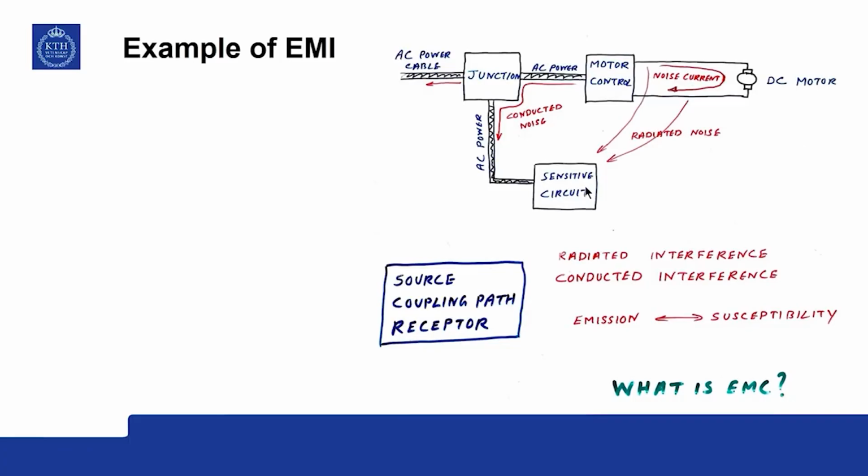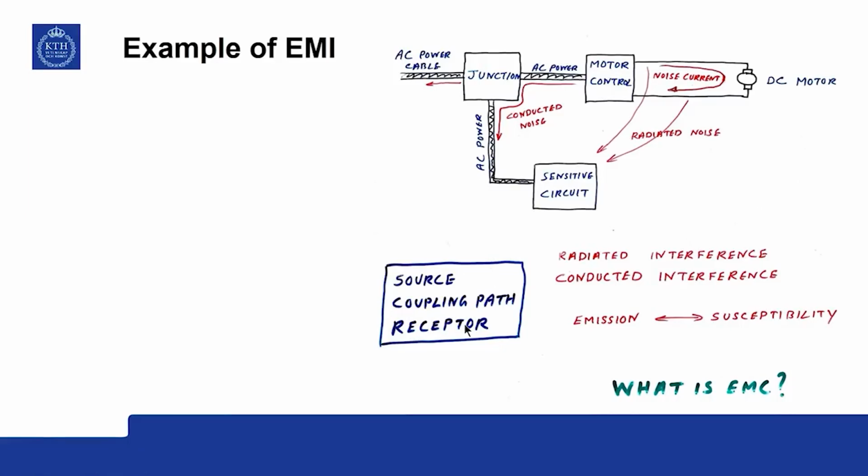So we have introduced a few terms here. One is the source of EMI, then you have the receptor or the victim that is being disturbed, and you have a coupling path for electromagnetic energy in between the source and receptor. So this is called a decomposition of the EMC problem.